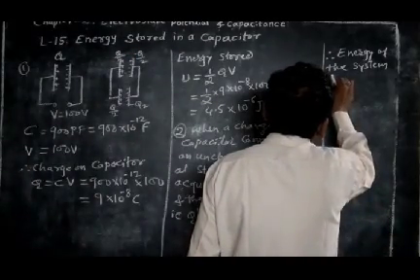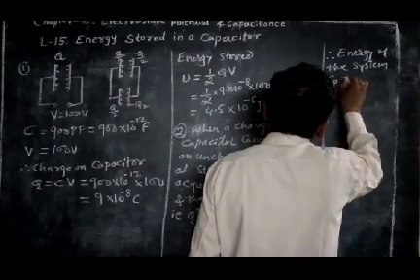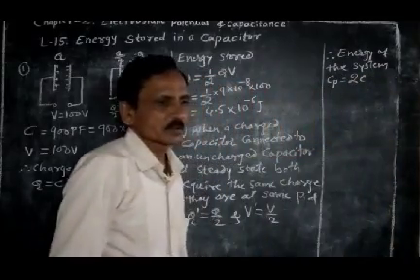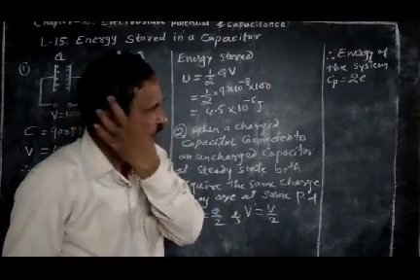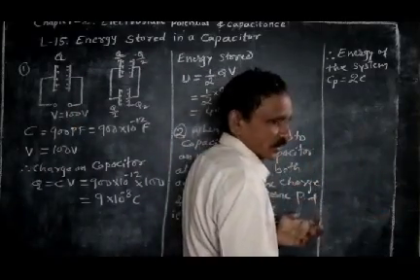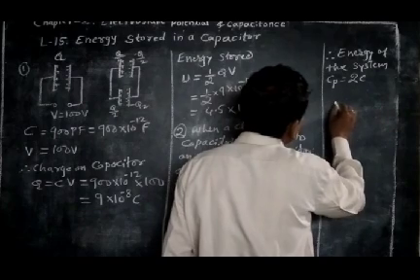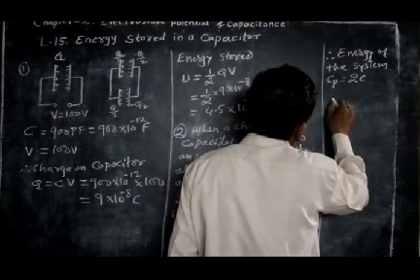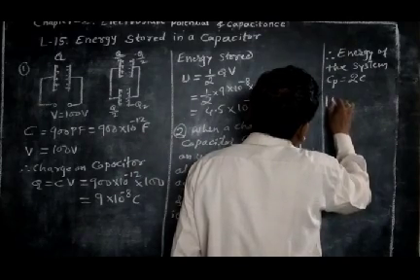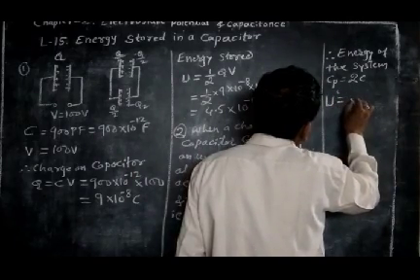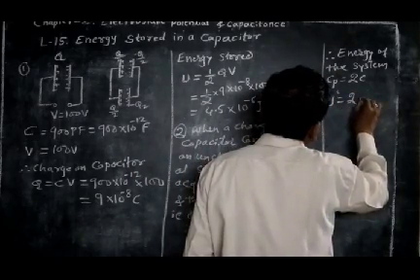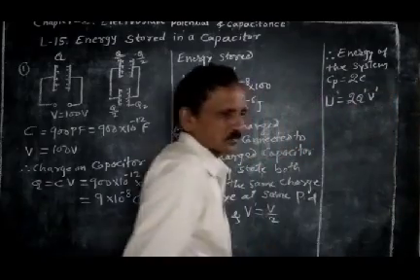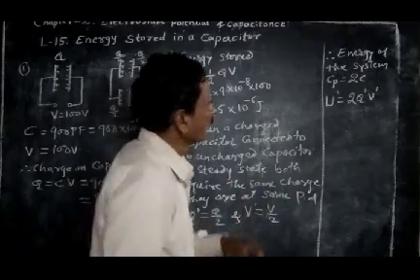Therefore, here Cp is equal to 2 times C. Its capacitance increases, becomes twice, and the new energy U dash is equal to 2 times half Q dash into phi dash.